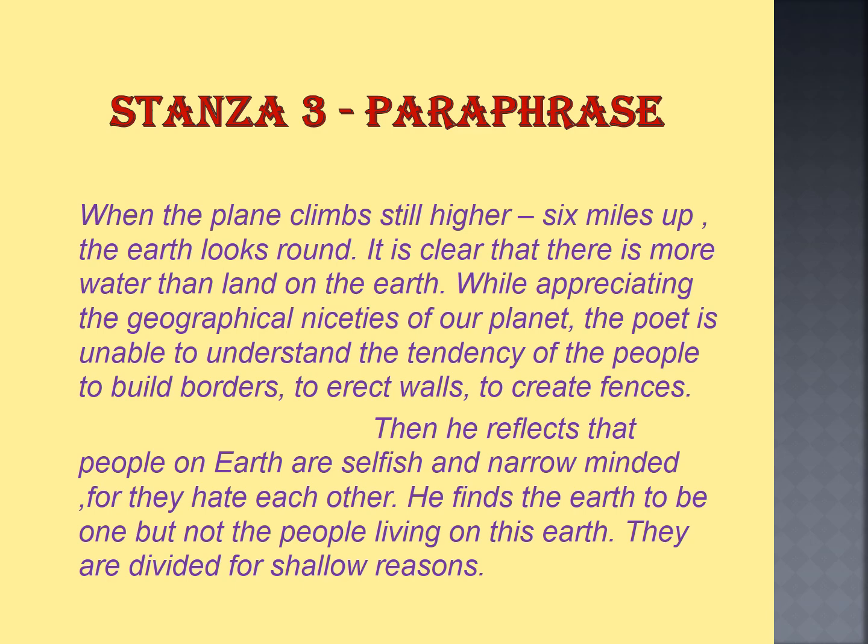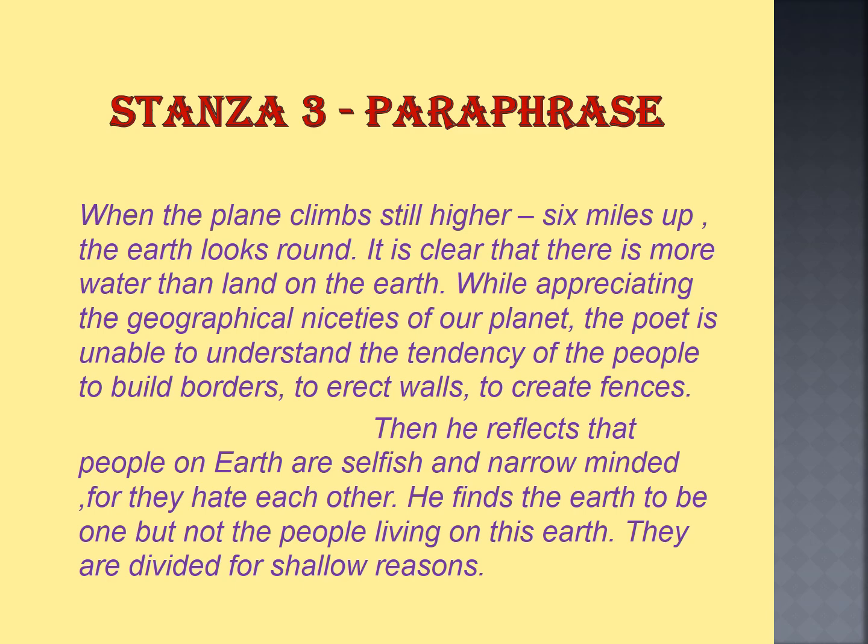Now stanza 3 conveys, when the plane climbs still higher, 6 miles up, the earth looks round. It is clear that there is more water than land on the earth. While appreciating the geographical niceties of our planet, the poet is unable to understand the tendency of the people to build borders, to erect walls, to create fences.